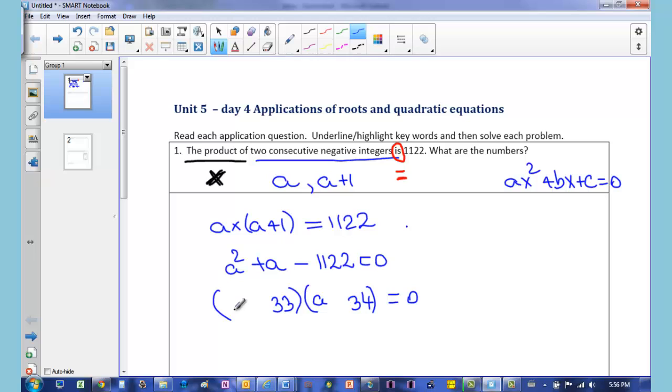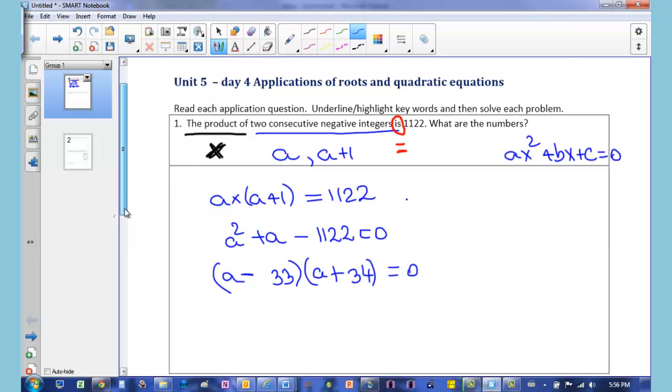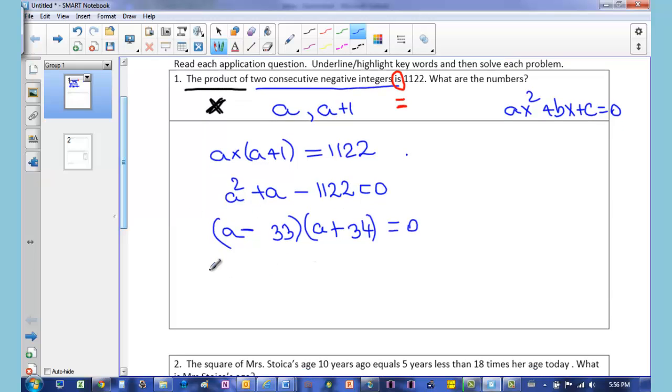I have a in each one. Now I have to decide on the signs. Since through the process of addition of the two products, I have a positive end result, 34 has to be the larger number, and I will have a minus 33 and a plus 34. So what are the two possible roots for this equation? A equals 33 or a equals negative 34.